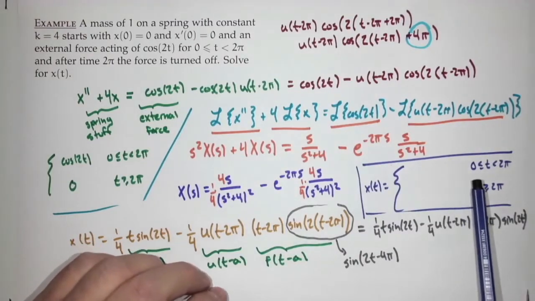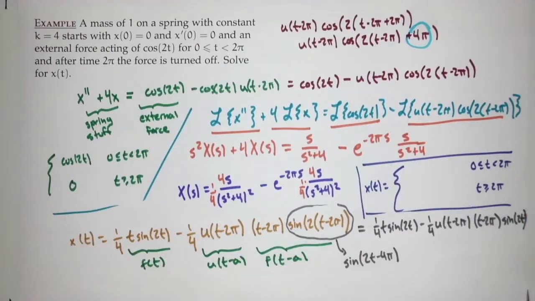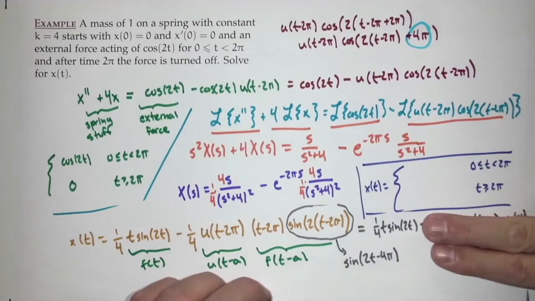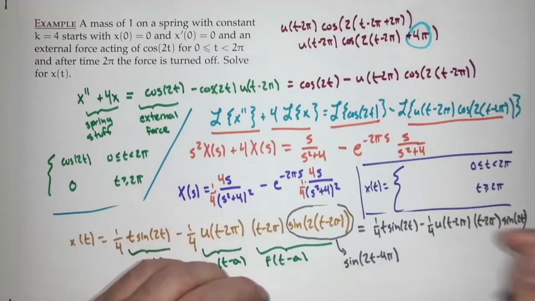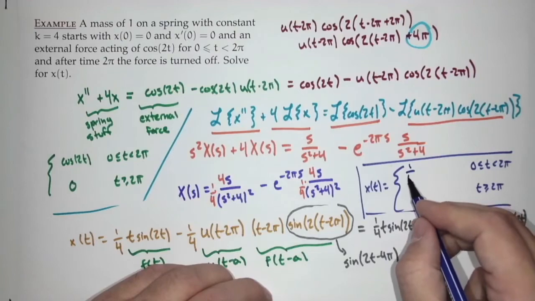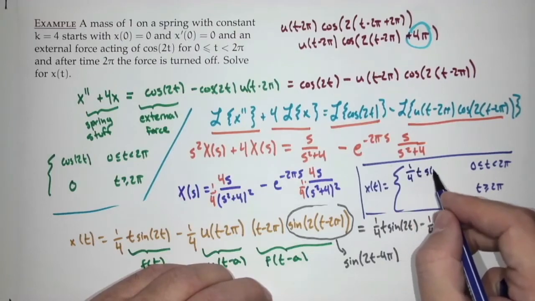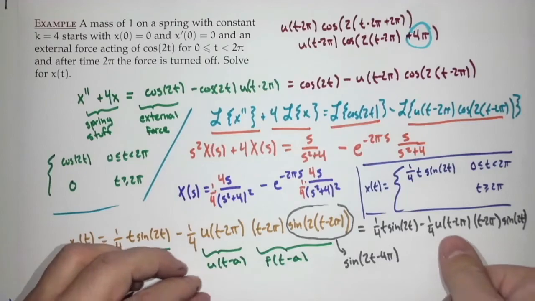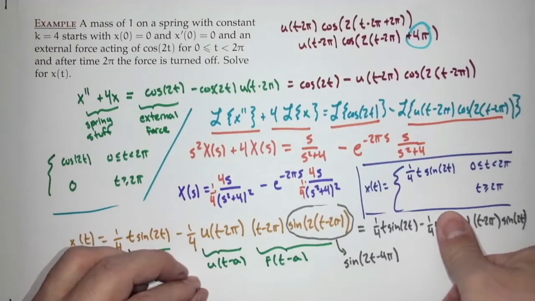Okay, before time 2 pi, what's happening to the last part? 0. So we see it's 1/4 t sine of 2t. And so, okay, let's finish the second part. After time 2 pi, that term is 1.